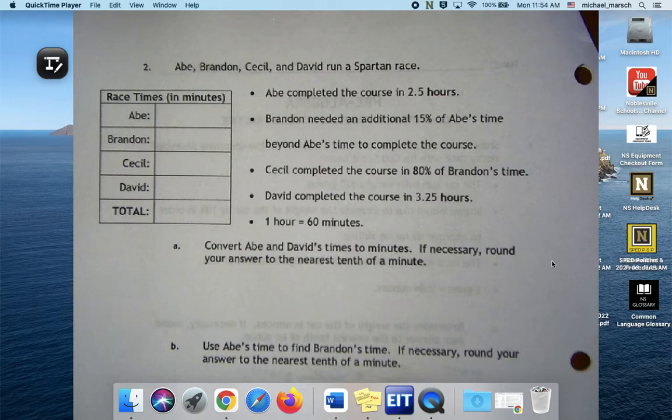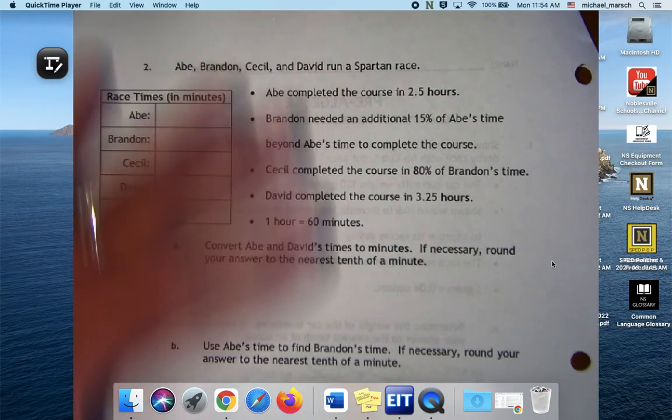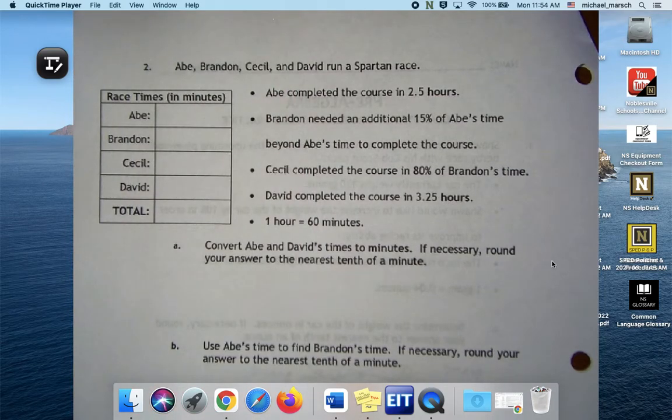Okay, take a couple seconds, read through this whole page, and then we will talk about it. That's one of the first things you have to do is read through the page. Don't just jump into it. You need to read the whole question to figure out what they are asking you to do.